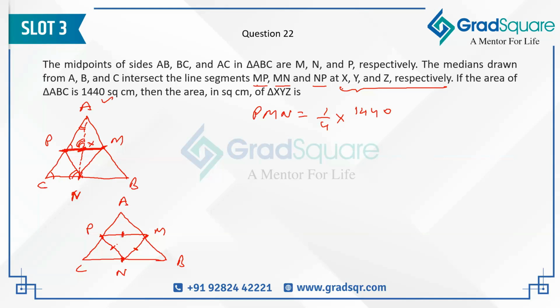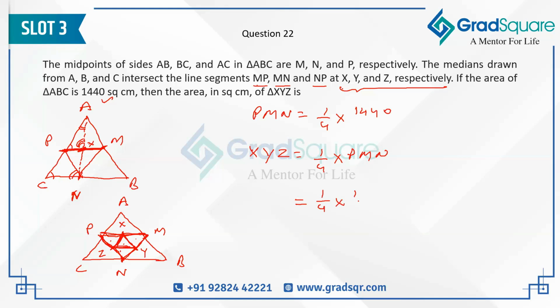Now, if I take the midpoints of these sides, look at the triangle PMN, right? This triangle has been once again divided into 4 equal parts, wherein this part, which was the center, which was X, Y, Z that we are referring to, is going to be 1/4 of PMN. So the area of XYZ will be 1/4 of the area of the triangle PMN.